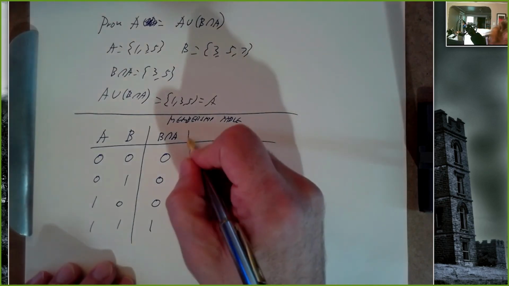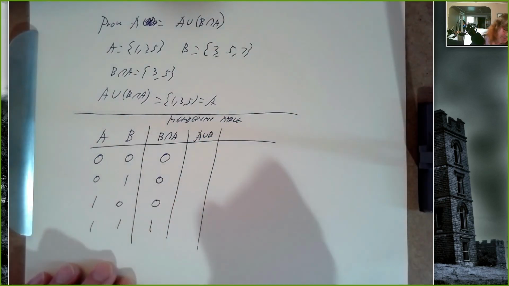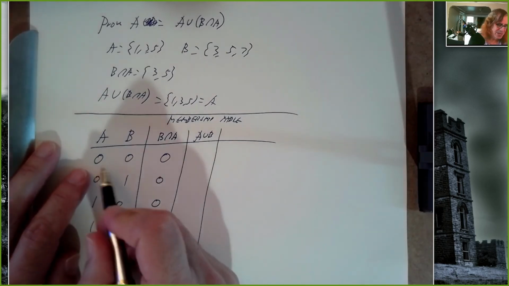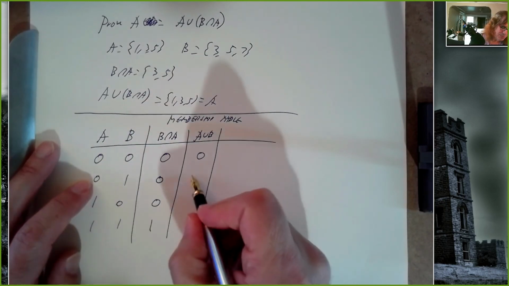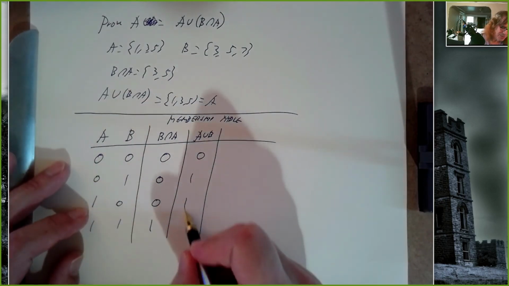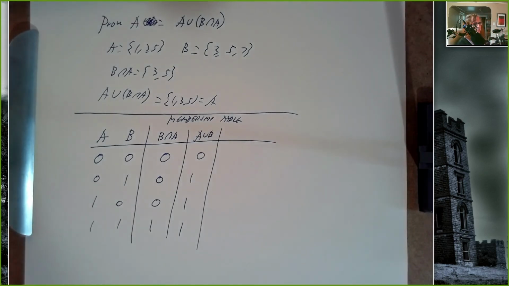And just for completeness, if I wanted to write the union, well, if the thing I'm thinking of is not in A or B, it can't be in the union. But if it's in B, it will be in the union. If it's in A, it'll be in the union. And if it's in both, it'll also be in the union. So yes, intersections are like ands, and unions are like ors.